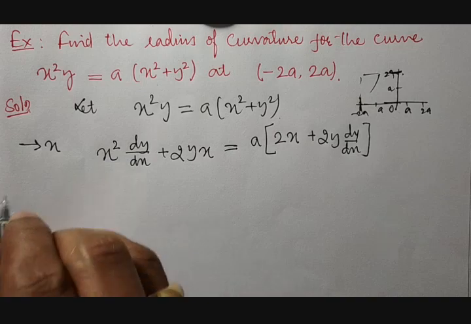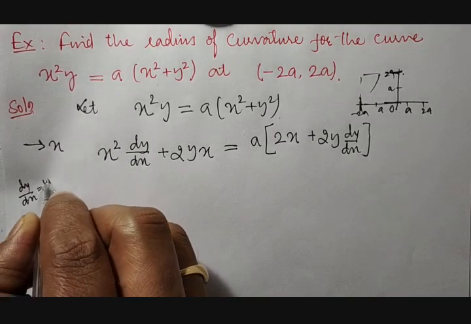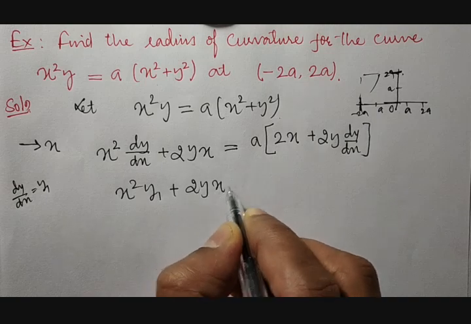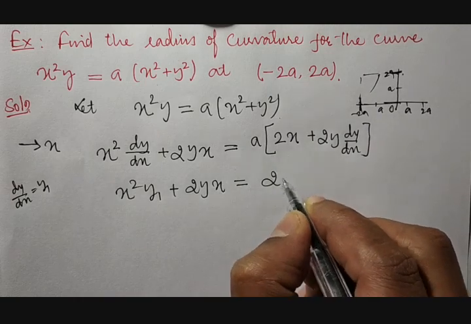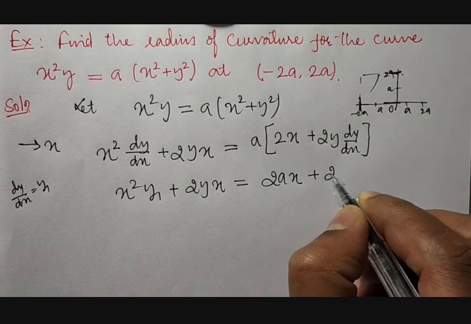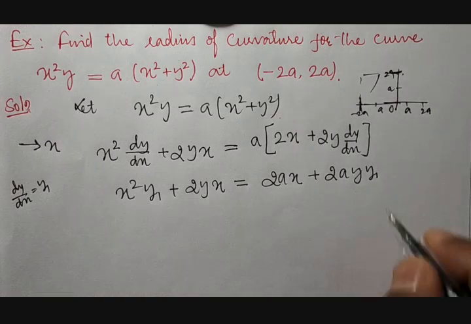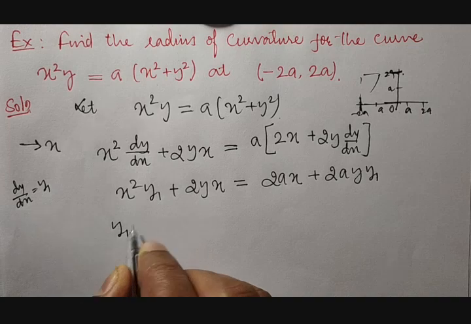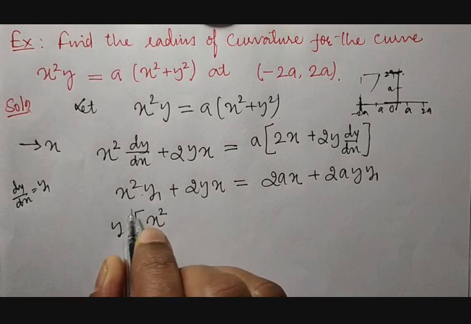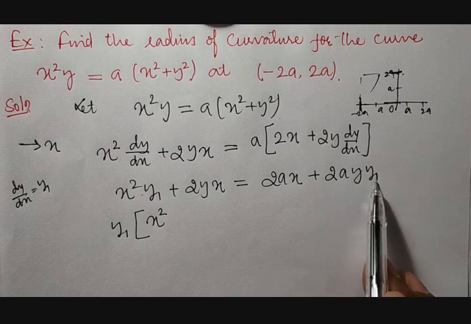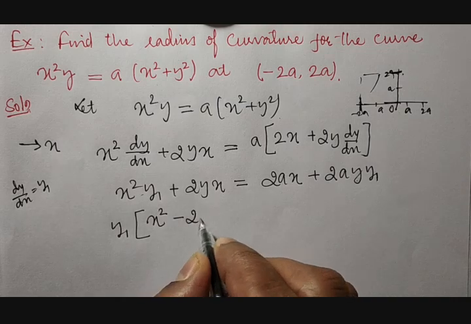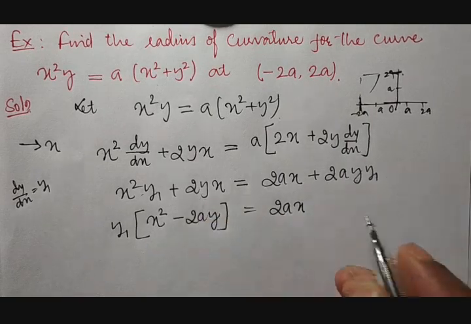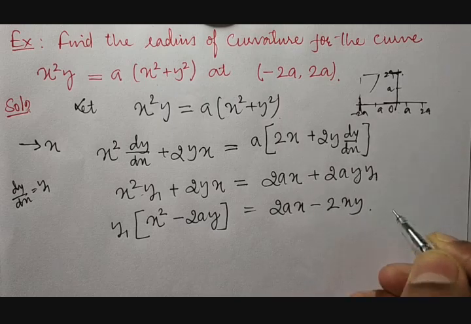Taking dy by dx as y1 now, it becomes x square y1 plus 2xy is equal to 2ax plus 2ay y1. Therefore, I want to know the value of y1. From LHS it is x square y1, and from RHS also there is y1, so take it to the other side. Then it becomes x square y1 minus 2ay y1, which is equal to 2ax minus 2xy.